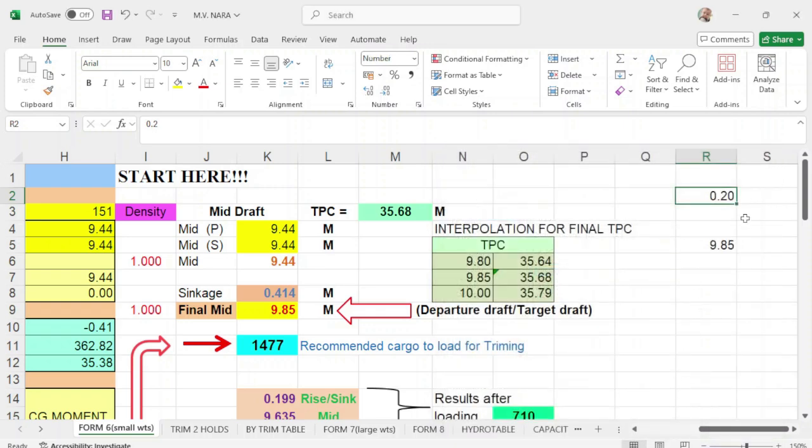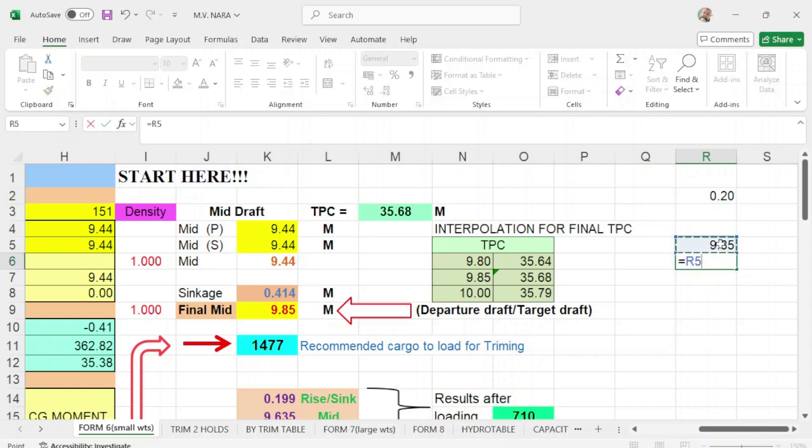This is your sinkage. If that is your sinkage, the departure drop minus your sinkage will be 9.65.